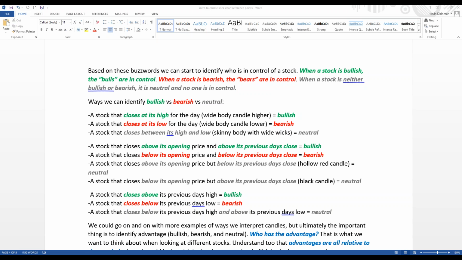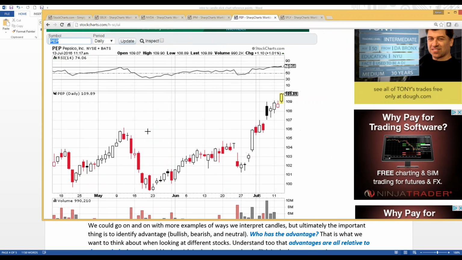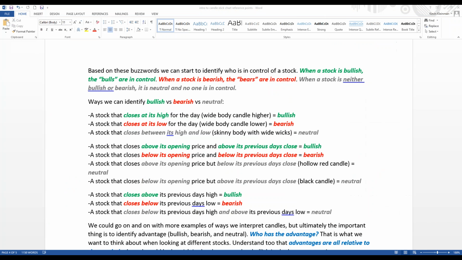Recently the market's been going up a ton, so we don't have a lot of great bearish examples to point to, but if we look back on Pepsi, we can see some from early May where the stock had a big wide body drop to the downside and then another one, and both of those did continue lower over the next week.